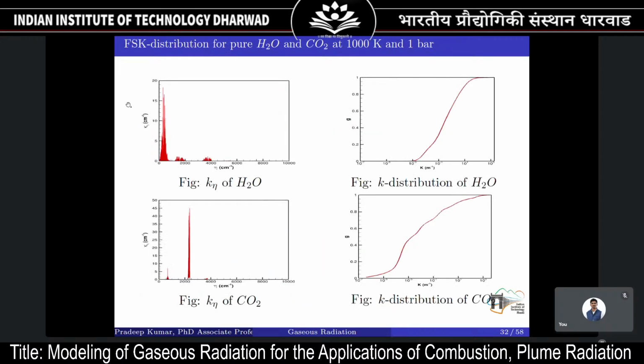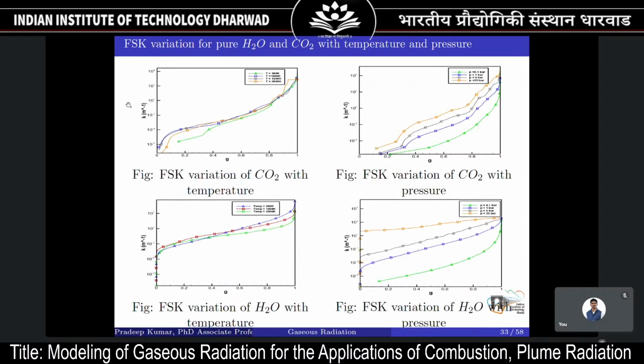Then we start engaging this method. This is a graph of the absorption coefficient, and when we transform it, it becomes a smooth, monotonically increasing function. This is for H2O. This is for CO2, where the graph of absorption coefficient is very erratic, with absorption happening only in certain bands. Now it is very smooth.